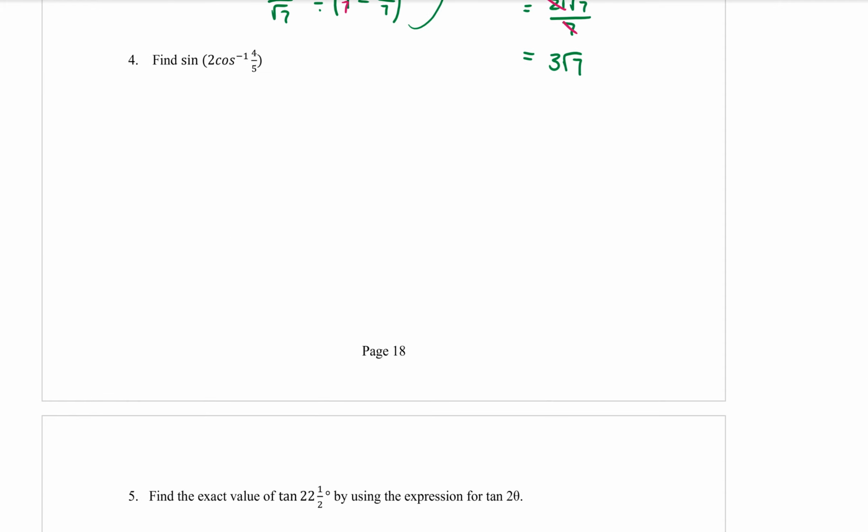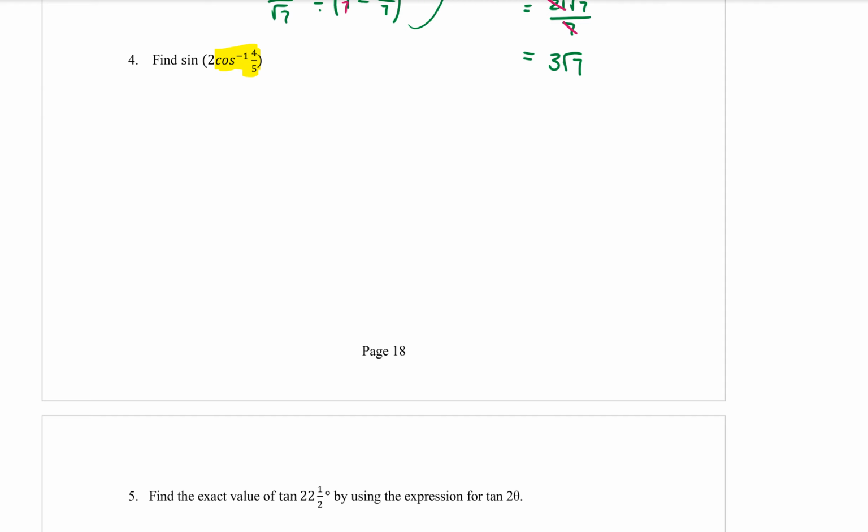Find sine of 2 inverse cos of 4 over 5, just to throw some inverse cosines in there for you as well. So remember, when you have this kind of question, you always want to start on the inside and work your way out. So I'm going to start with the inverse cos. I'm going to leave the 2 out, just inverse cos of 4 over 5.